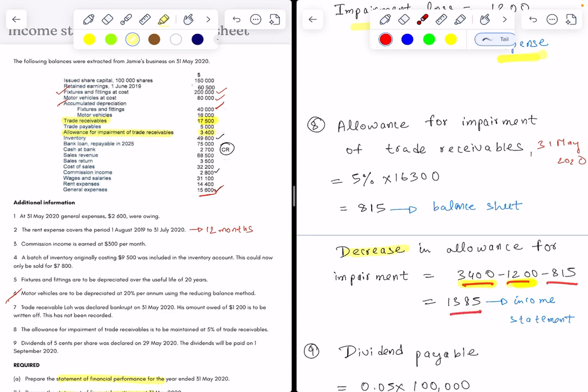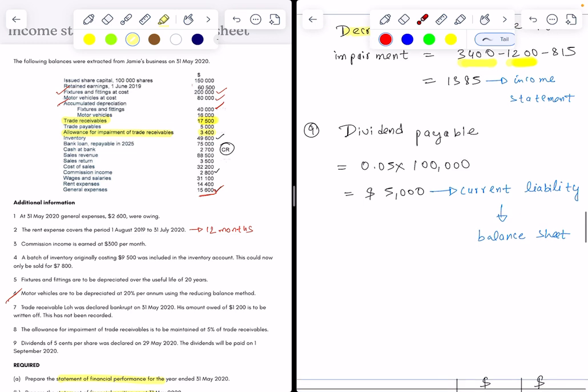And this is the amount which we will report in the income statement in our expenses section, but not really as an expense which we are subtracting, but rather as a benefit because it's a good thing that our allowance for impairment of trade receivables has gone down. So hold this thought for now, and when we prepare the income statement, I'll show you how to include this $1,385.